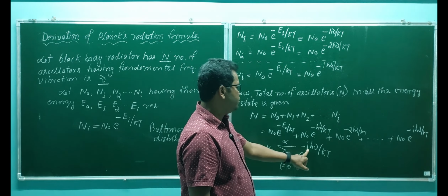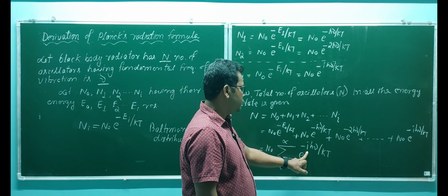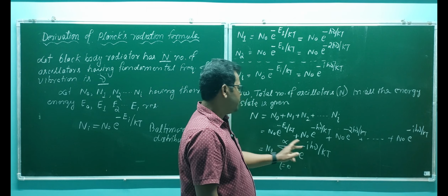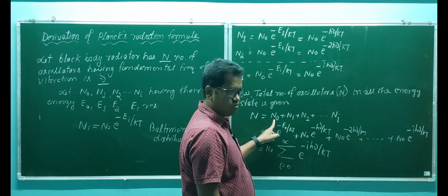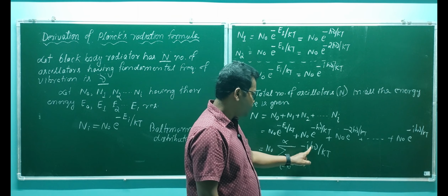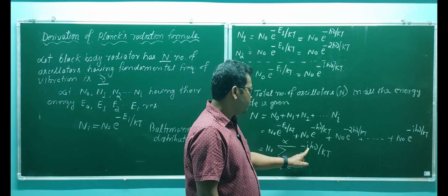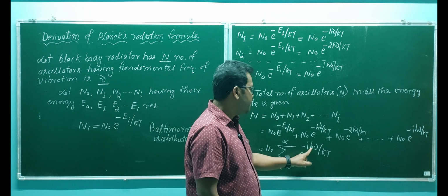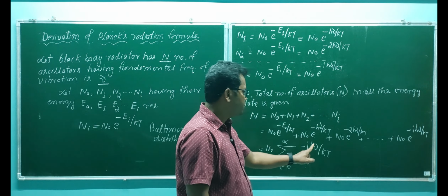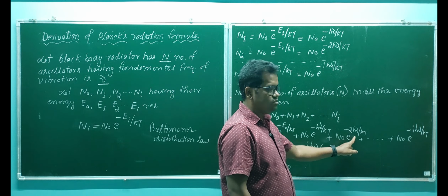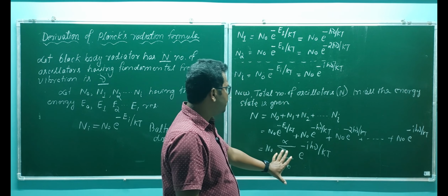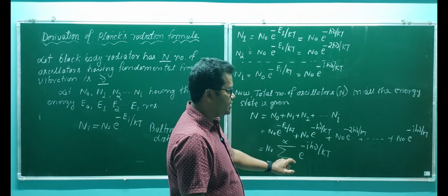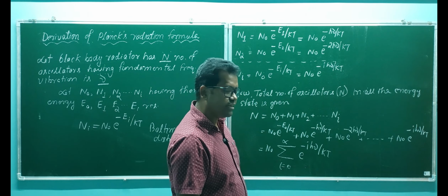So when i equal to 0, e to the power 0 is 1, so we simply get N0. When i equal to 1, this value comes. When i equal to 2, this value comes. So this is the total number of oscillators in all the energy states.